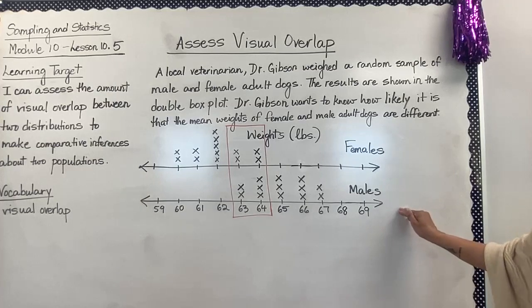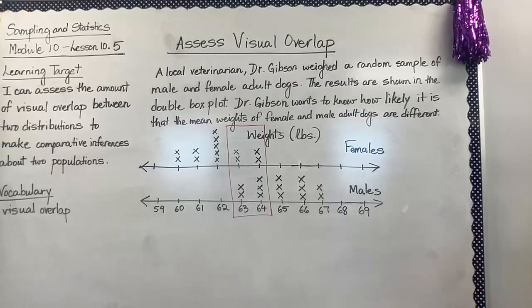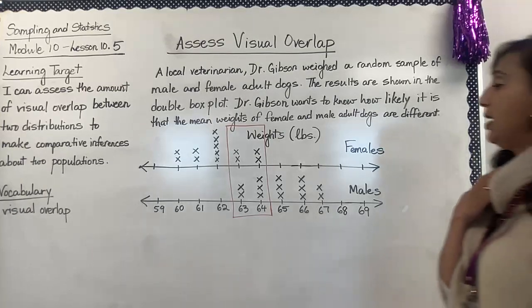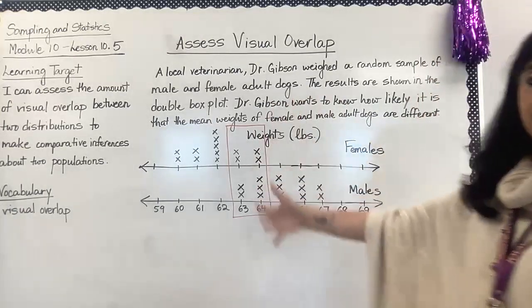The visual overlap shows the distance between the two means of the distributions as seen in the shaded section of the double dot plot. Again, the visual overlap is showing the distance between the two means of the distribution.